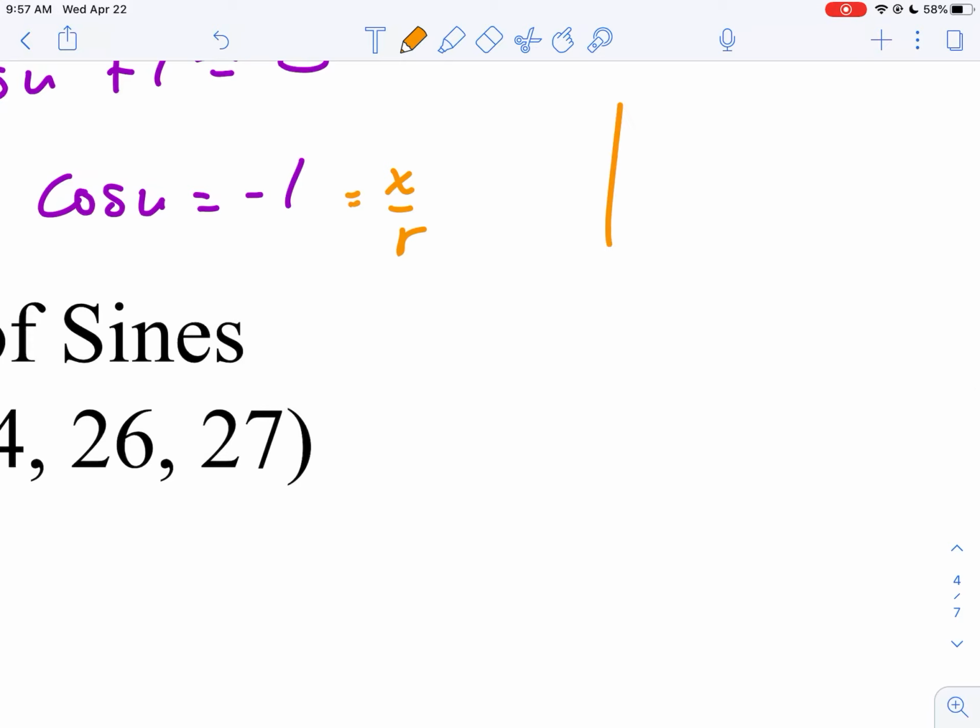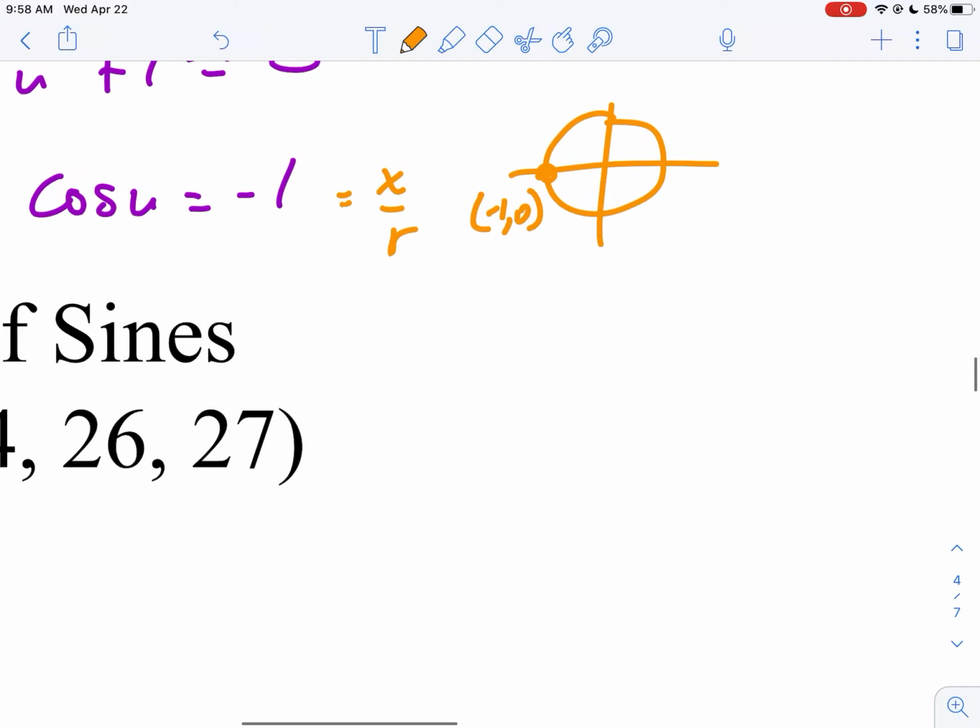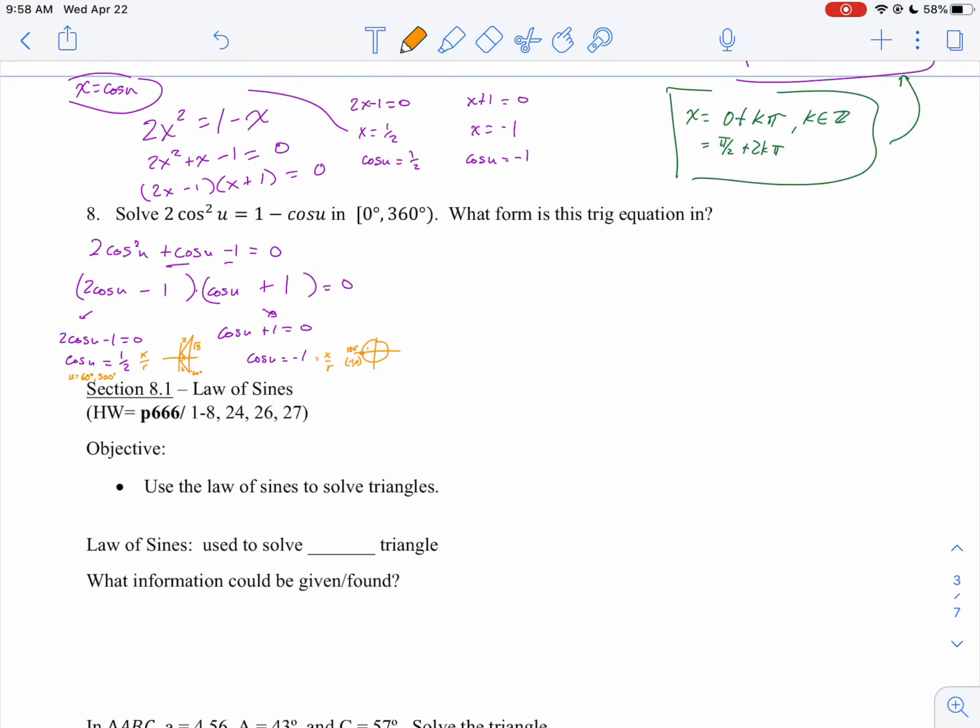Over here, where is x equal to -1 and the radius equal to 1? That happens over here at -1, 0. And so that's at 180 degrees. And so my final solutions for this problem are 60 degrees, 180, and 300 degrees.